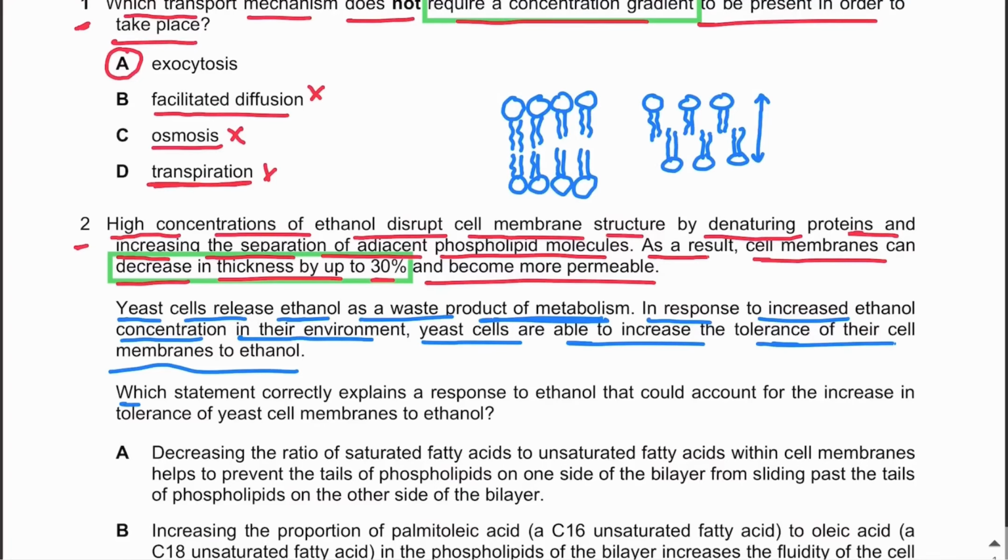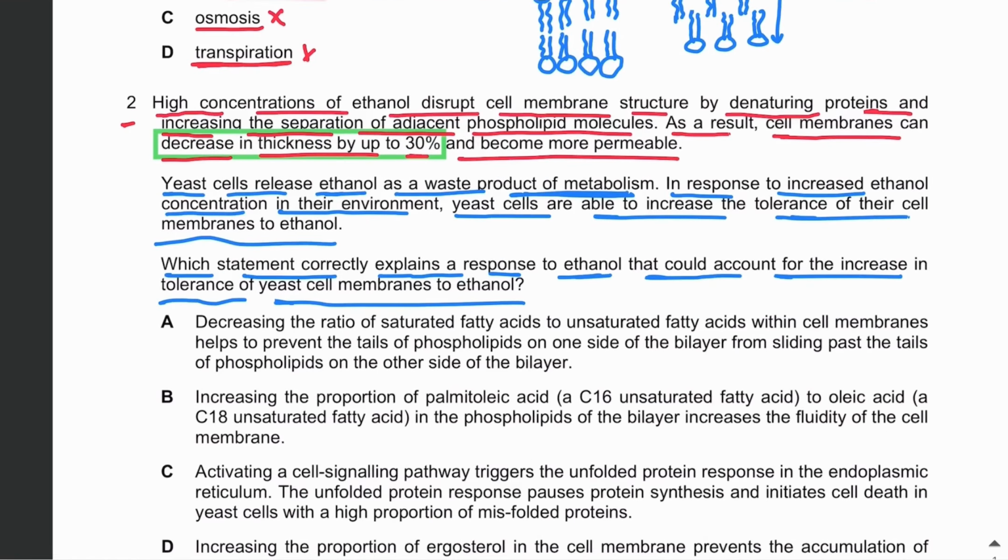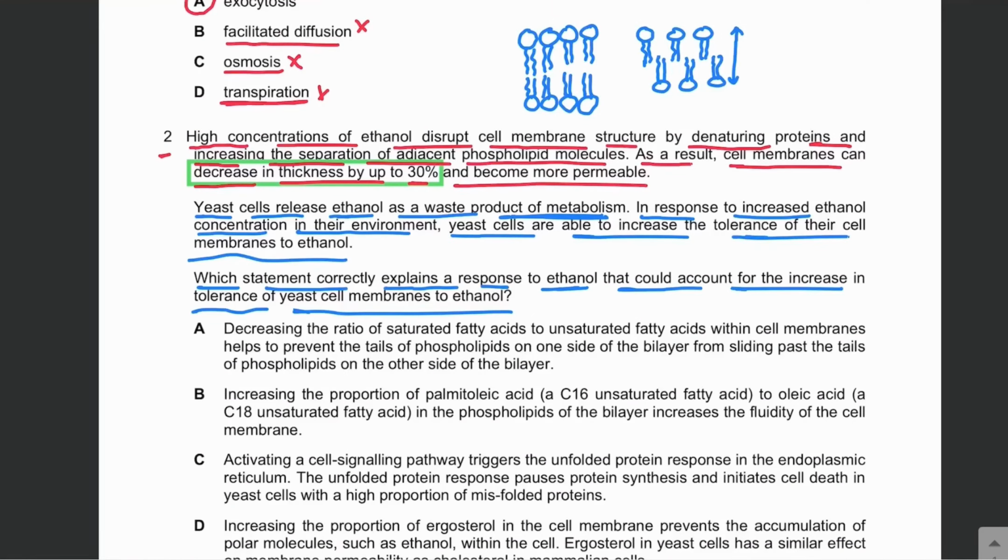So which statement correctly explains a response to ethanol and could account for the increase in the tolerance of yeast cell membranes to ethanol? So guys, we have to select a statement which could account for the increase in tolerance of the yeast cell membranes to ethanol.